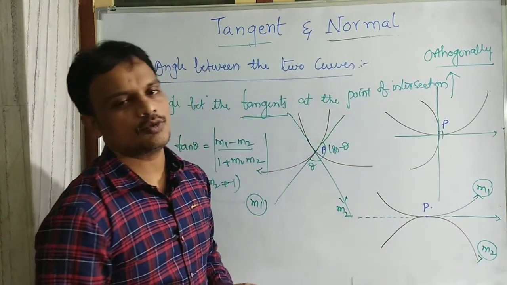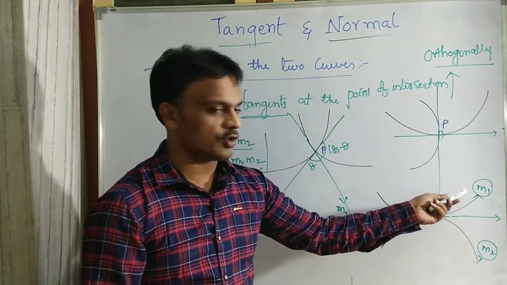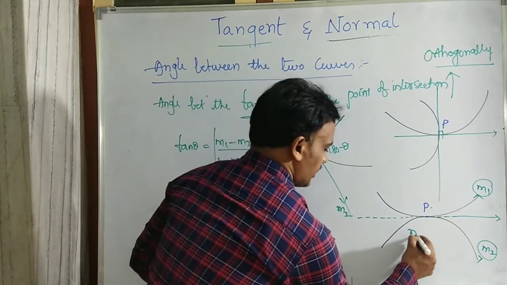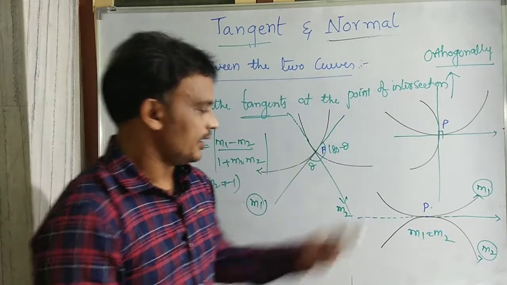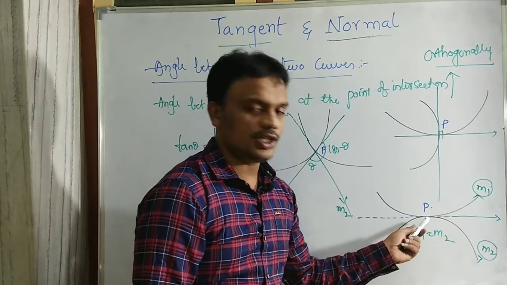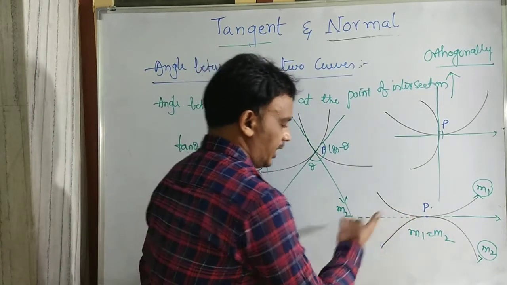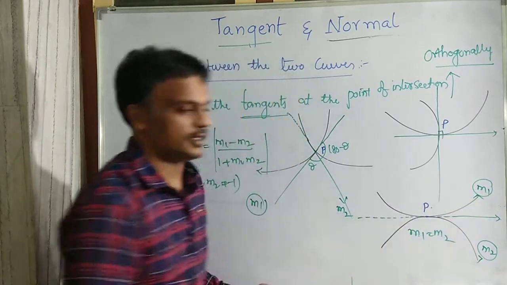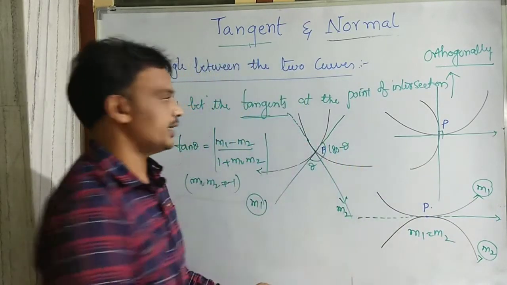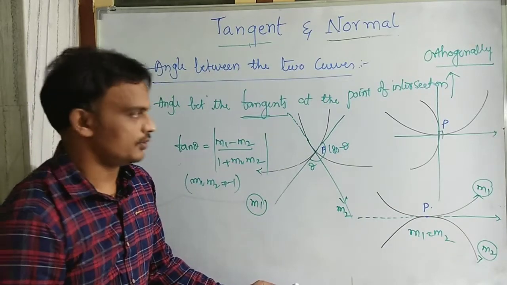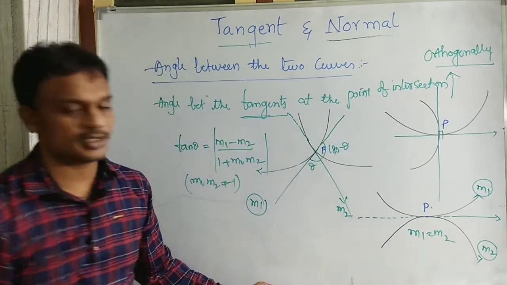If m1 equals m2, then I can say the two curves touch each other at the point P. That means both curves have a common tangent. Like this, in these different cases, we find the angle between the curves. Students, make a note of these different conditions.